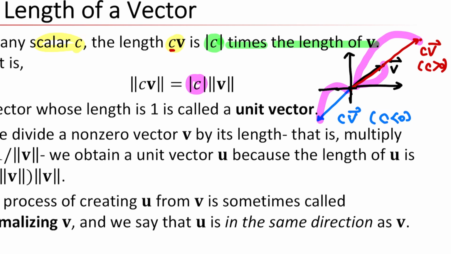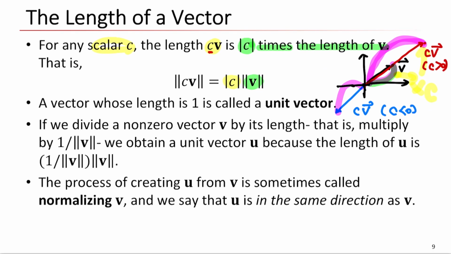So in other words, the length of v times the absolute value of c is equal to this length. Okay, so this is the first line, and there's one more definition.